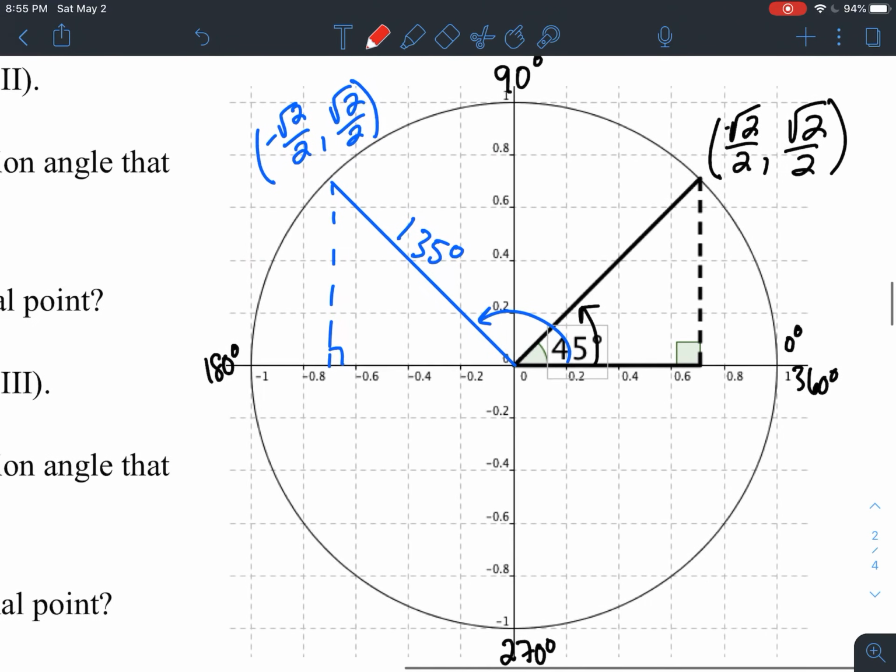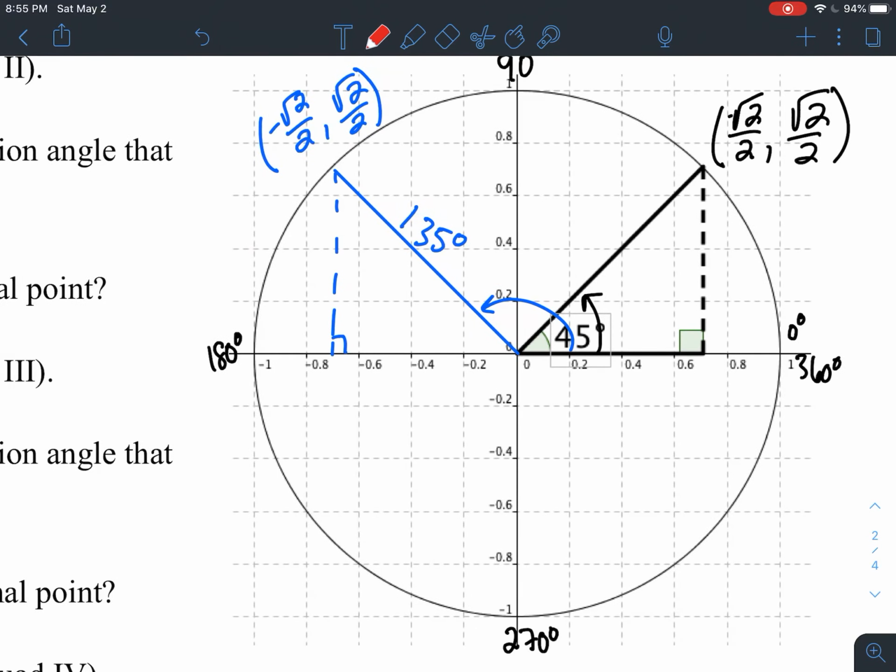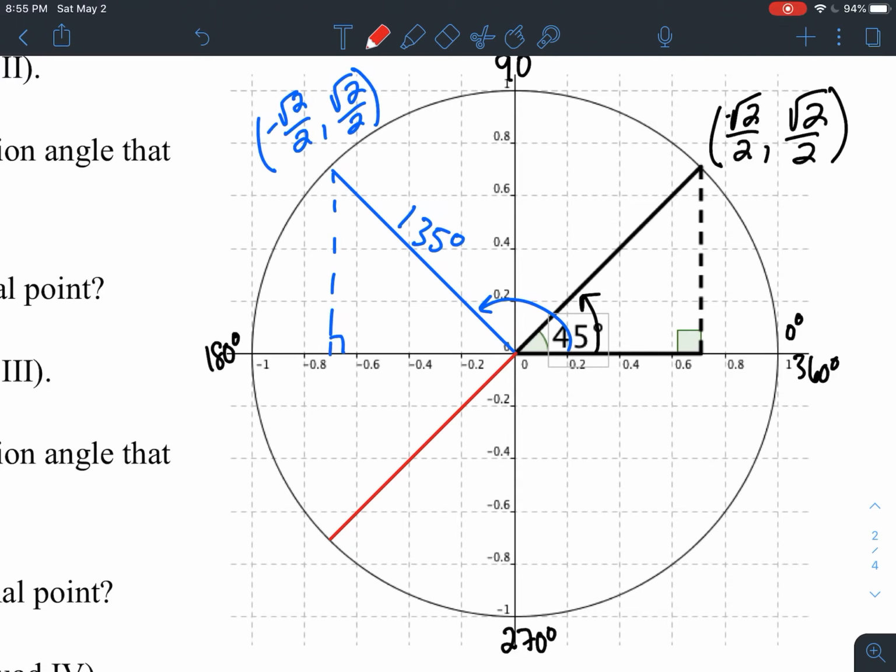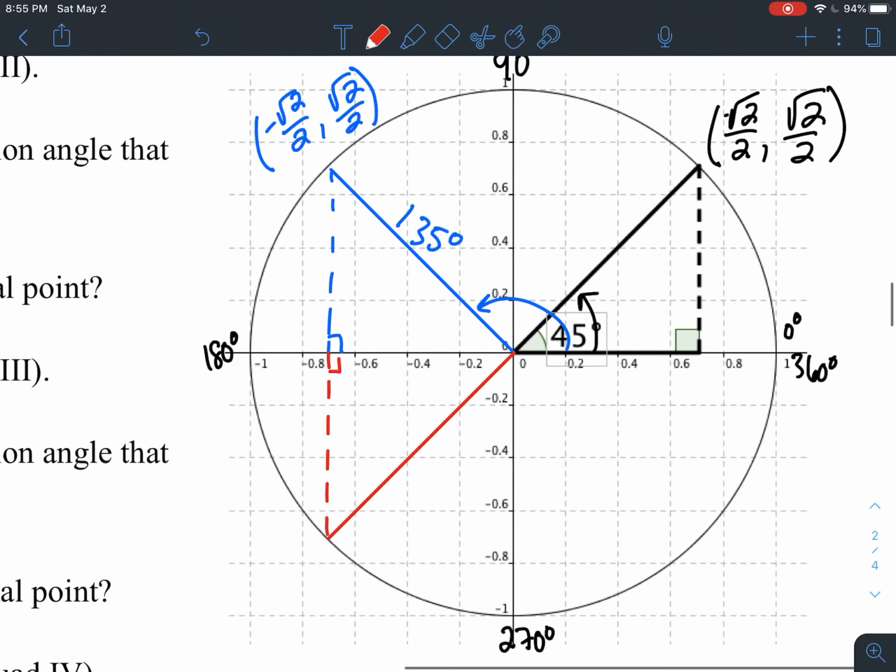Now, if I reflected that angle over the x-axis, flipping it vertically down into quadrant 3, it would end up right about here, and I'll drop a perpendicular right there. When I reflect over the x-axis, my x value stays the same because I'm not moving left or right at all.